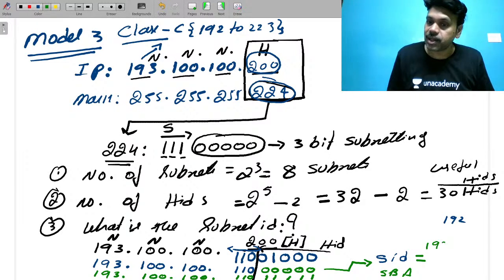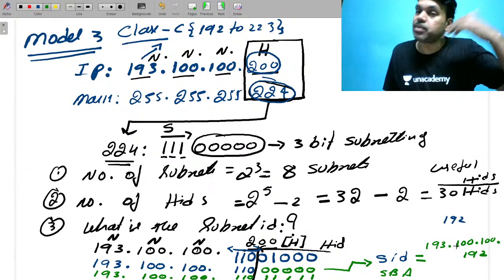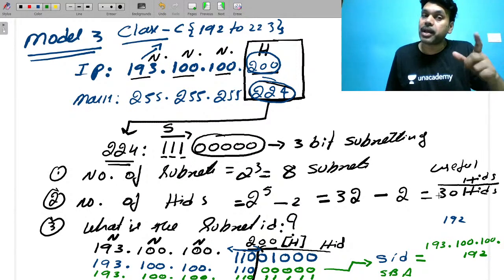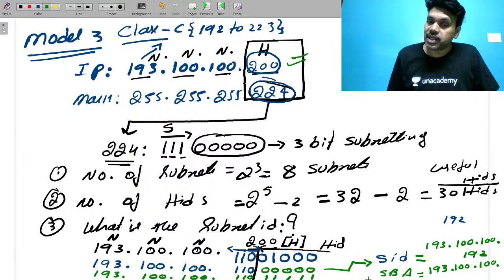193.100.100.192 is your subnet ID. Subnet ID is nothing but the starting address of the block number of this particular IP. This IP belongs to this subnet. And the subnet broadcast is 193.100.100, and with 192 plus the remaining 31, which is 223.